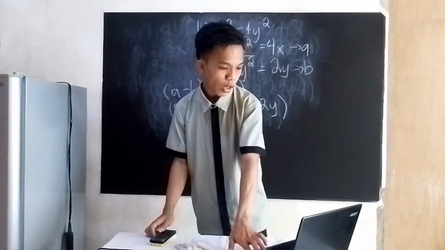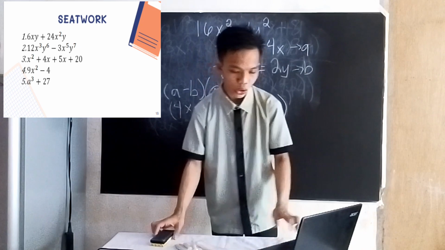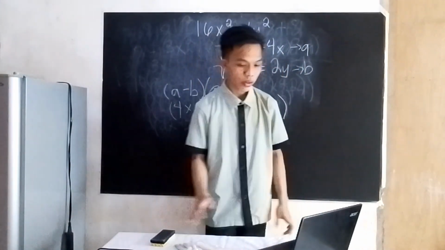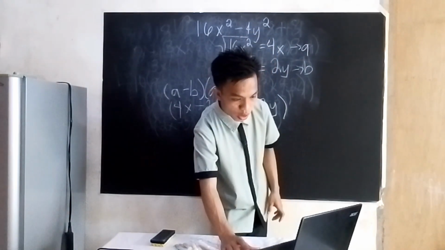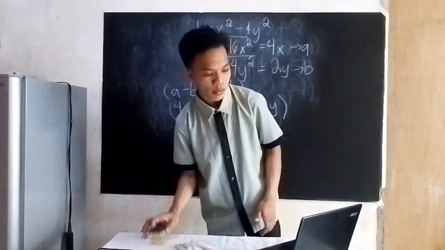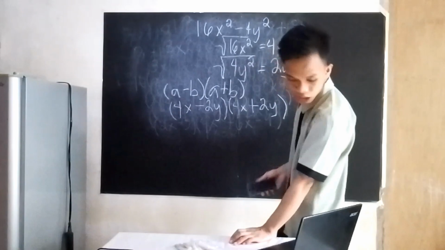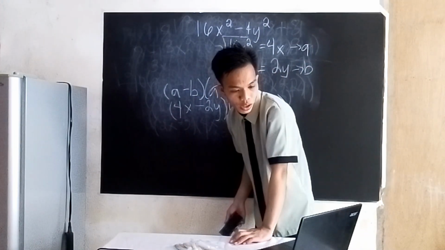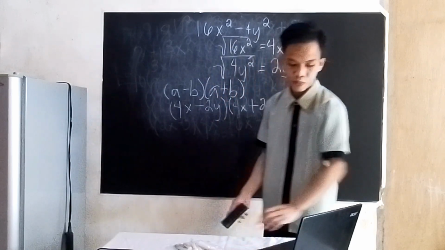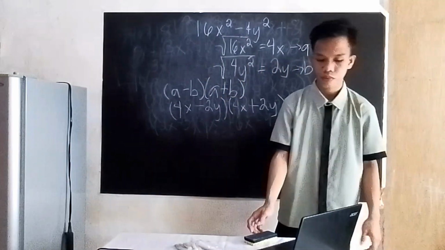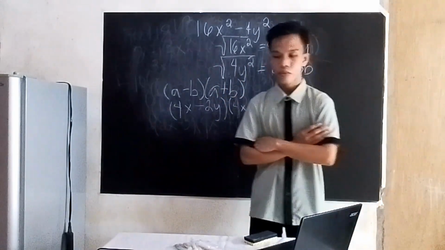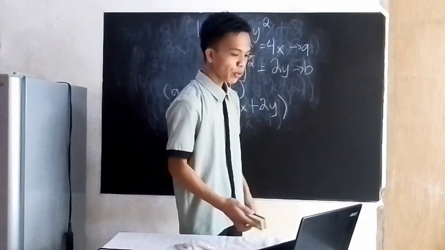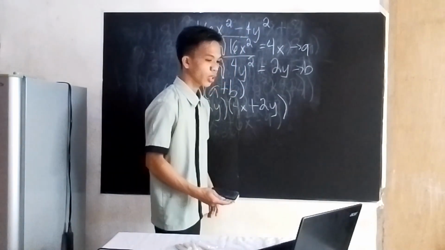I will give you now a worksheet, and you will do this in your notebook for about 10 minutes. This is a 5-item quiz, and your time will start now. Okay, time's up. Exchange your paper with your seatmate.